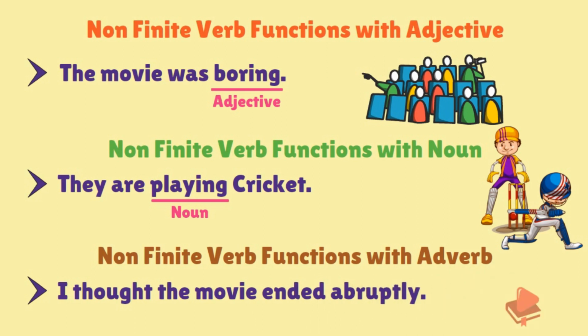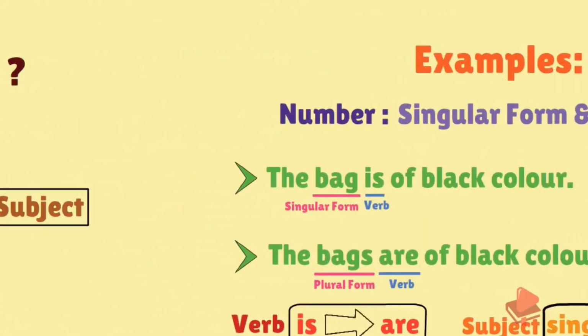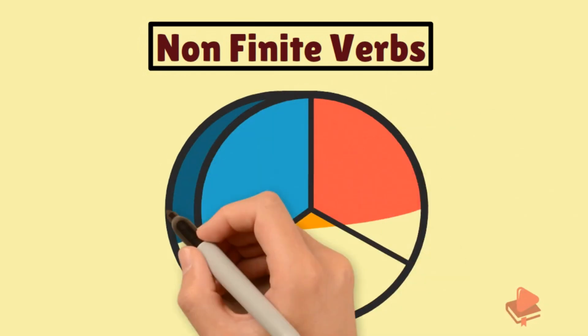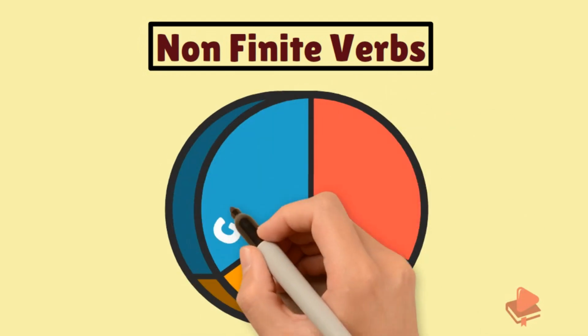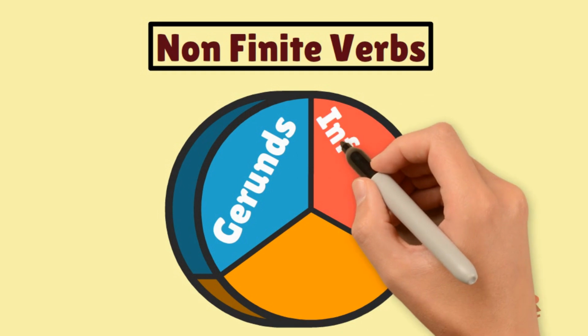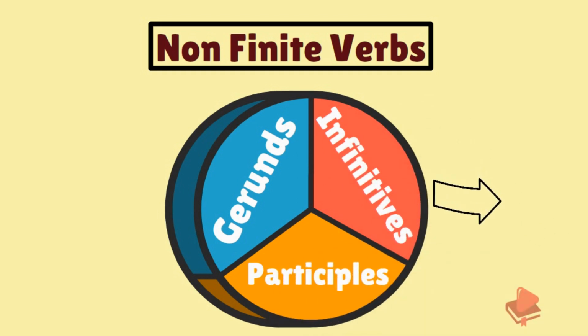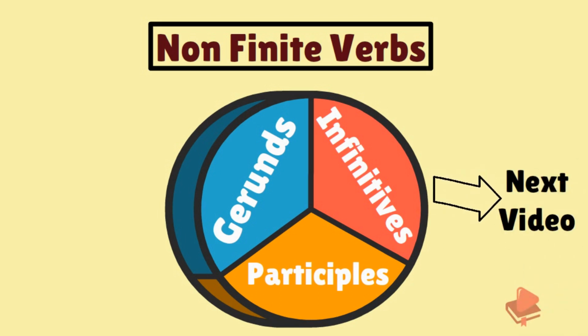Here, abruptly functions as an adverb in the sentence. Non-finite verbs are further classified into three verbs, that is, gerunds, infinitives, and participles. We will study these in our next video.